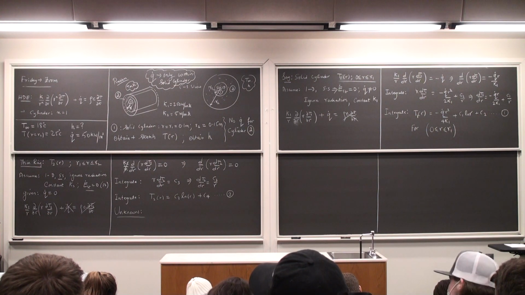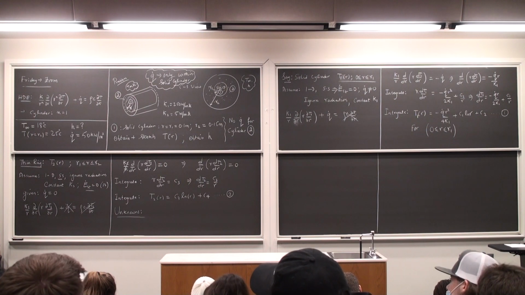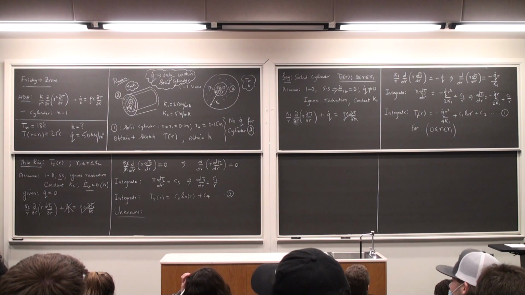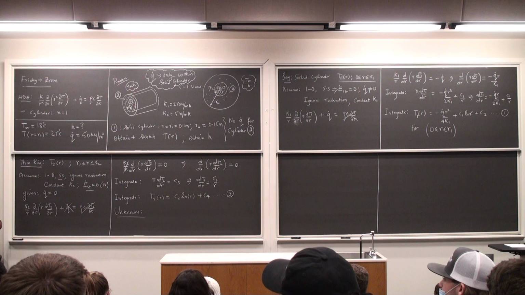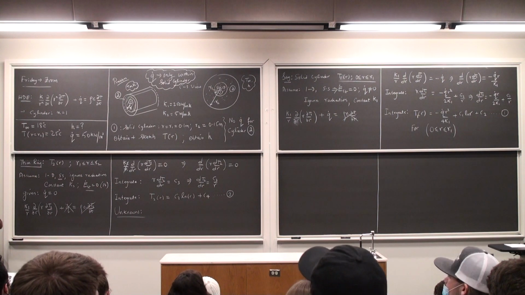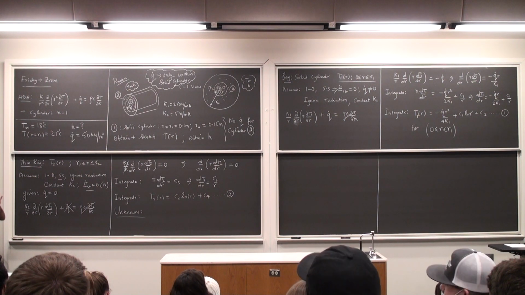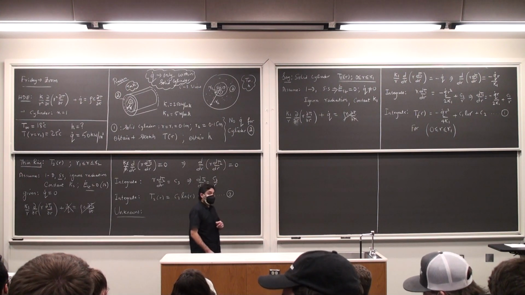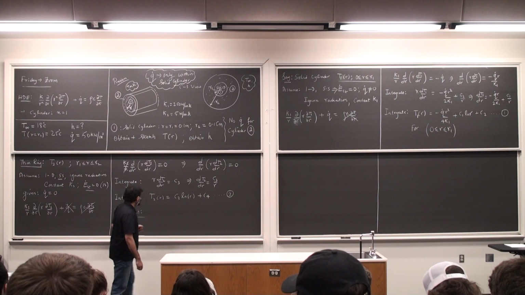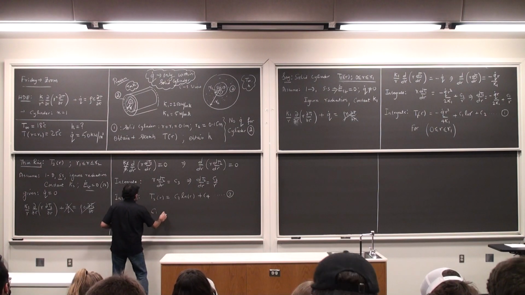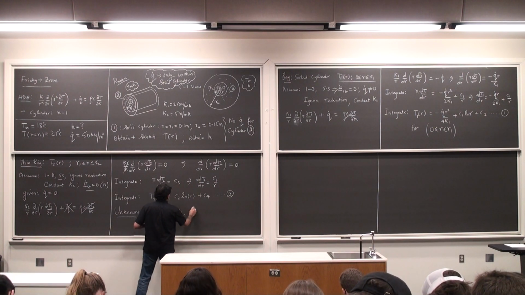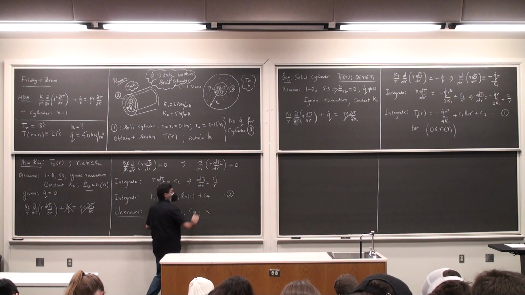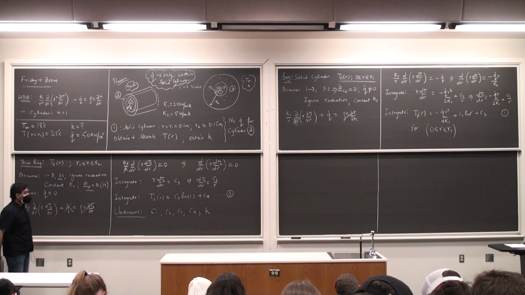How many unknowns? 4. So 5. Very nice. I have 5 unknowns. If I don't know H, I don't know anything about this problem, really. So C1, C2, C3, C4, and H. Okay, so I have 5 unknowns.